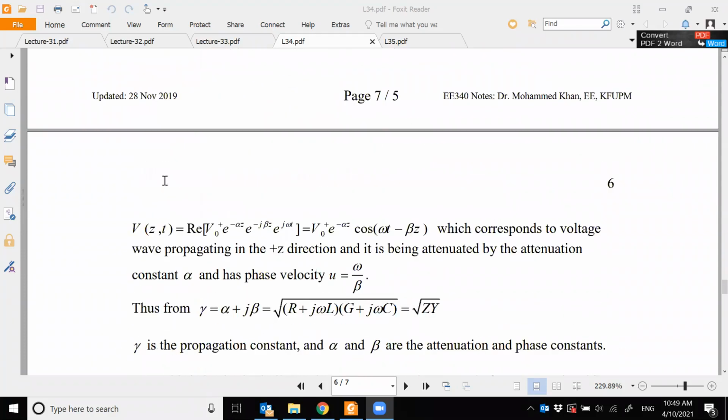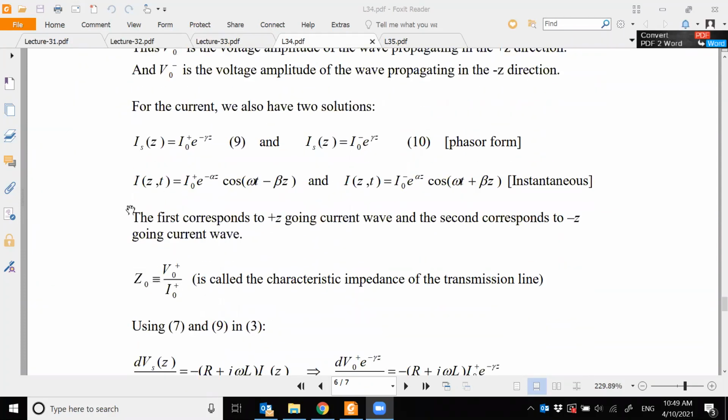Therefore, your current solutions will also be exponential, with minus gamma z and plus gamma z, instantaneous forms, positive traveling, that means plus z traveling, and minus z traveling. These are the attenuations, both attenuating along the direction of propagation.